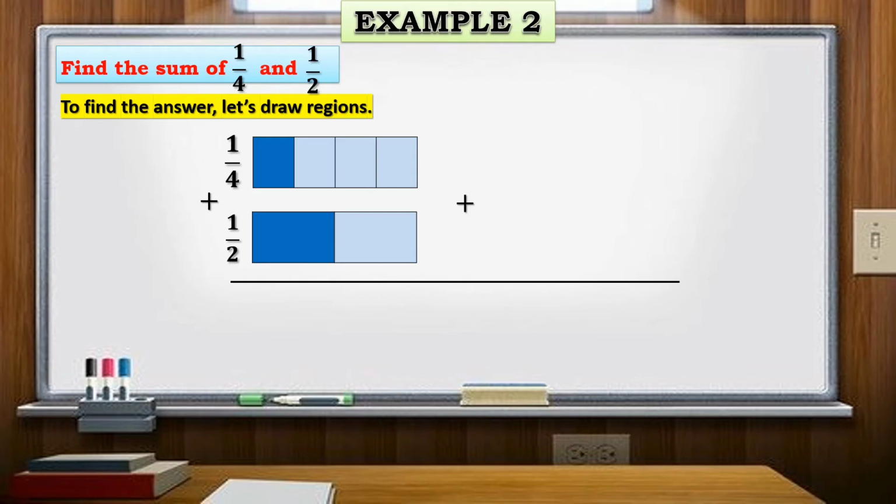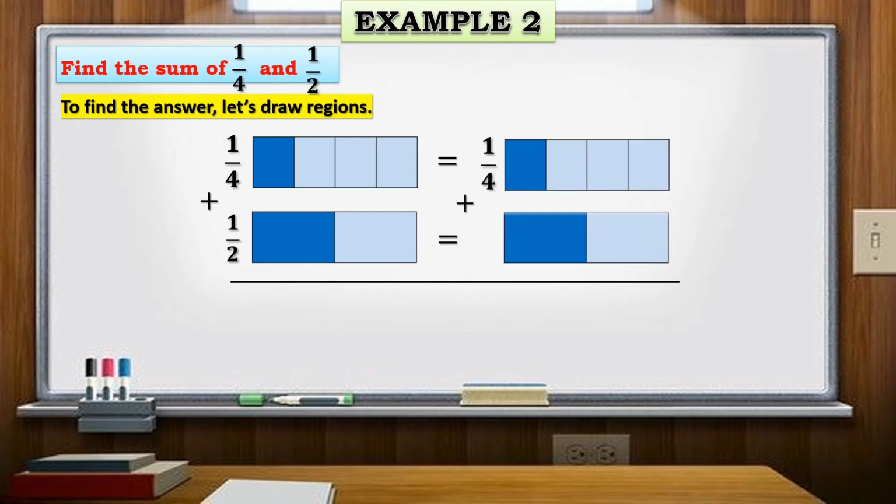So what we're going to do is, this 1/2, we will cut it into 4 parts. So 1/2 will become 2/4. And now 1/4 and 2/4 fit with each other, so we can combine them. 1/4 plus 2/4 is 3/4. Our final answer is 3/4.